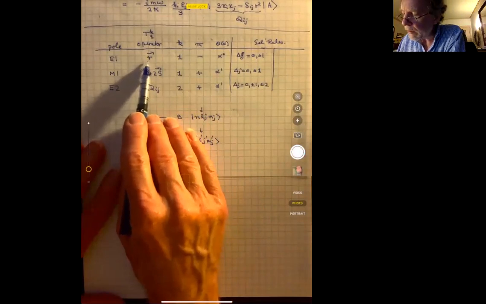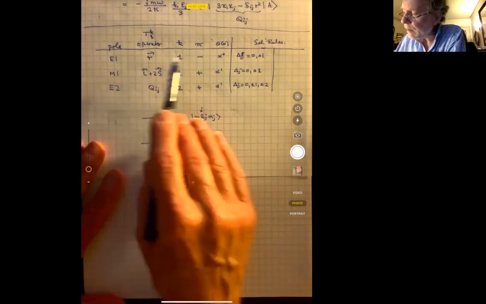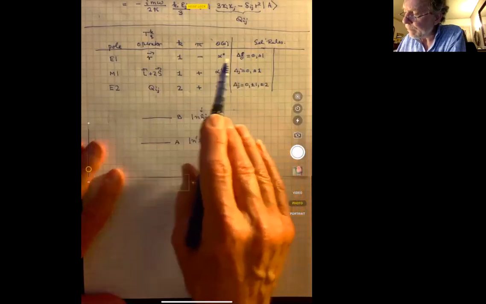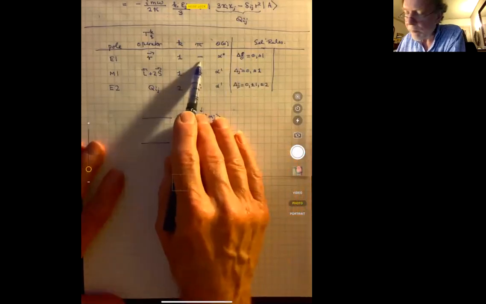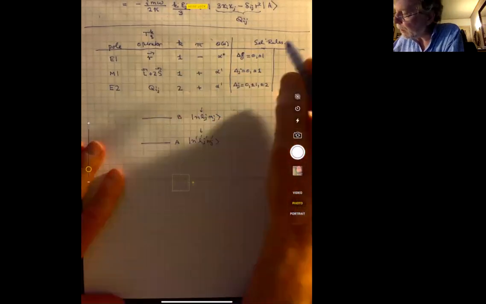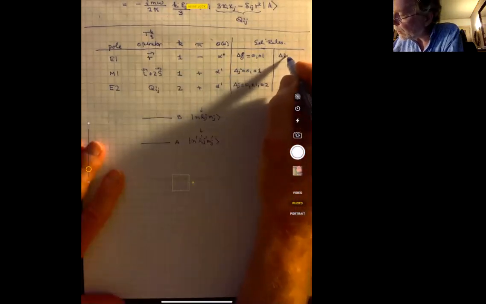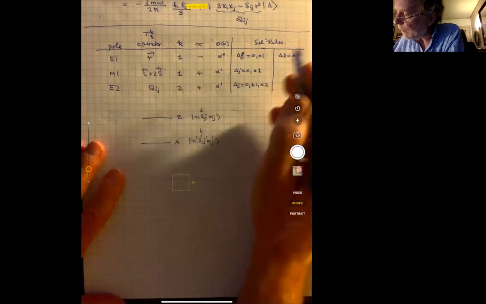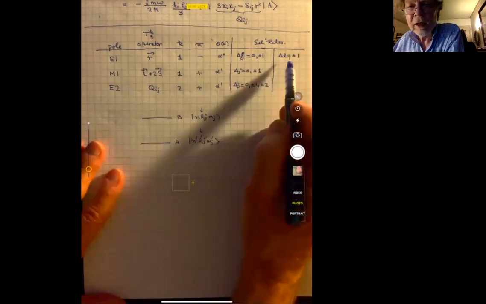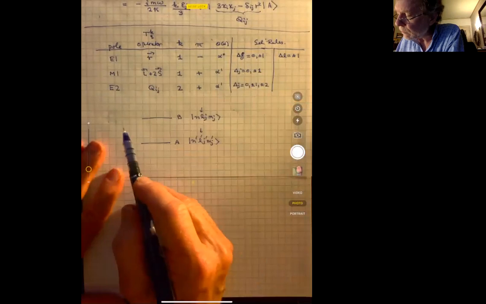So as far as the Wigner-Eckart theorem is concerned, we get delta L equal to 0 and plus and minus 1, the same that we got for J. However, as we know from last semester, parity excludes delta L equals 0. It means states A and B have to be of opposite parity. So delta L has to be odd, and so we only get delta L equals plus and minus 1. And these then are the usual selection rules for electric dipole transitions.